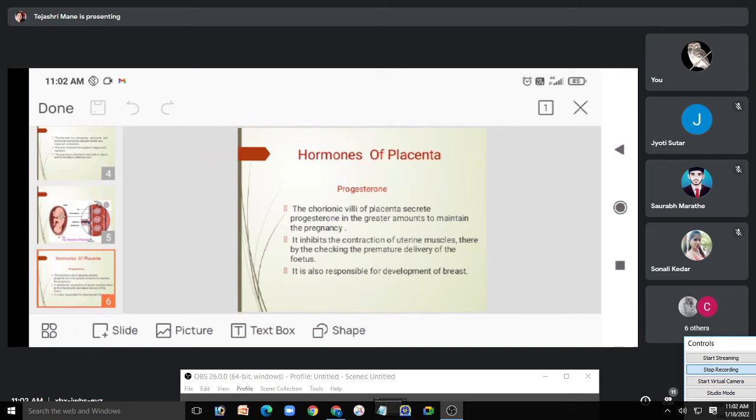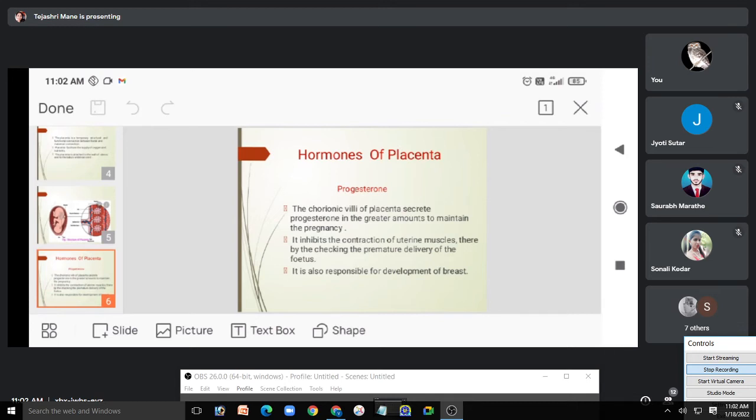Now we see the hormone estrogen. Fetal adrenal produces androgens, which are utilized by placental enzymes to synthesize estradiol and estriol. The human placenta secretes estriol, which is the main estrogen.